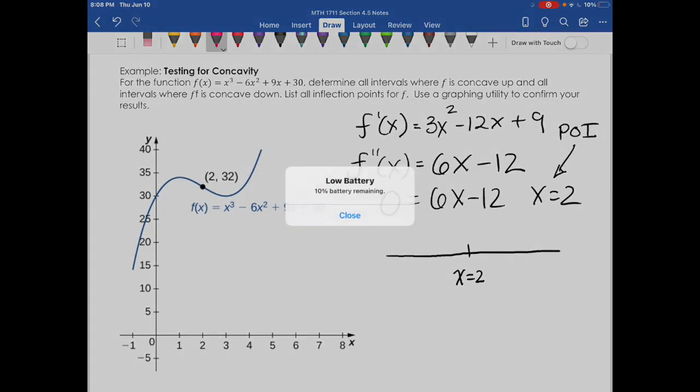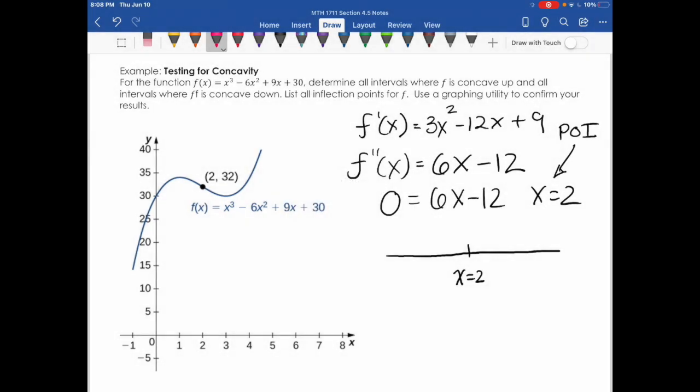And then I pick test points just like before. But now instead of plugging them into the first derivative to see where it's increasing and decreasing, we plug our test points into the second derivative to see where it's concave up and concave down. So let's say I pick x is 0 for the interval from minus infinity to 2, and the test point x is equal to 5 for the interval from 2 to infinity.